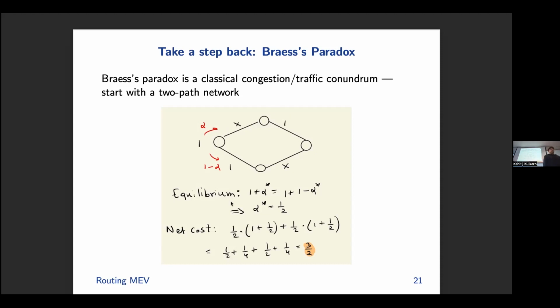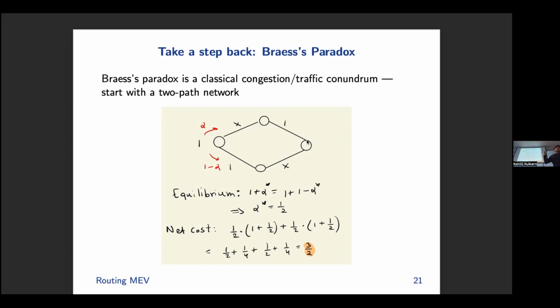So just taking a step back, there's this old paradox in congestion and routing games, in which you start with this two path network, and you want to route from this source to this destination, and you are trying to route one unit of flow.